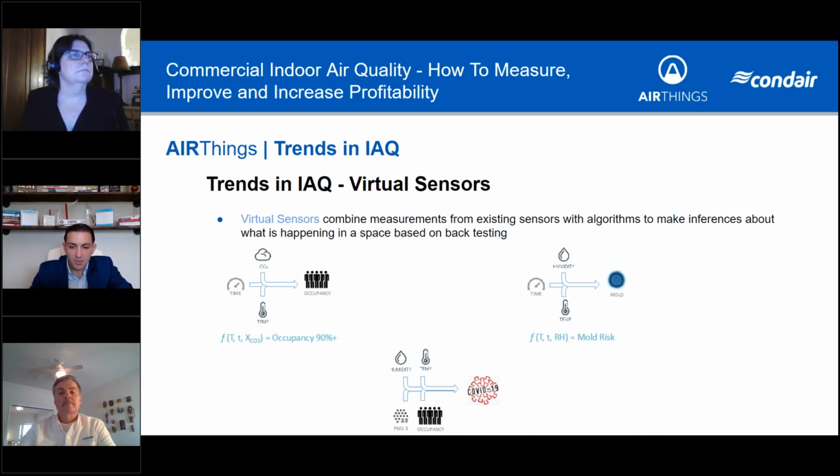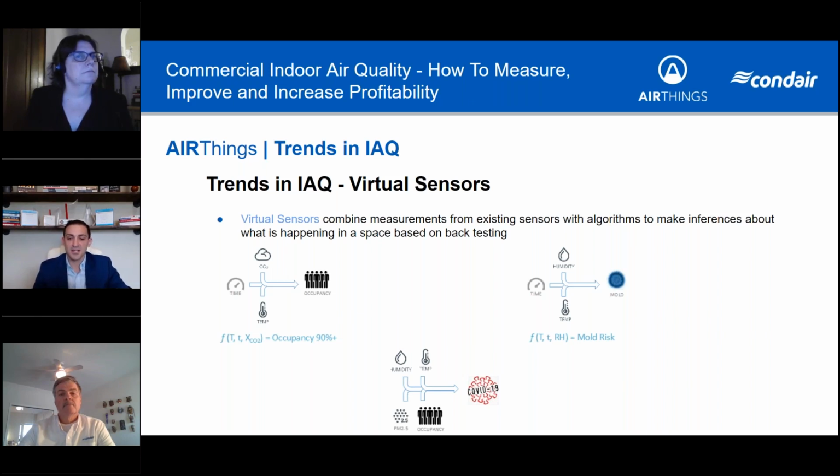Another example is mold risk. While these indoor air quality sensors might not be able to specifically detect mold spores, if we have temperature and humidity and time, we can identify whether that environment is conducive to mold growth. And personally, I think that's actually a little more powerful. I say that because once we have mold in the building, or discolorations, I know you generally don't want to say mold in a space.